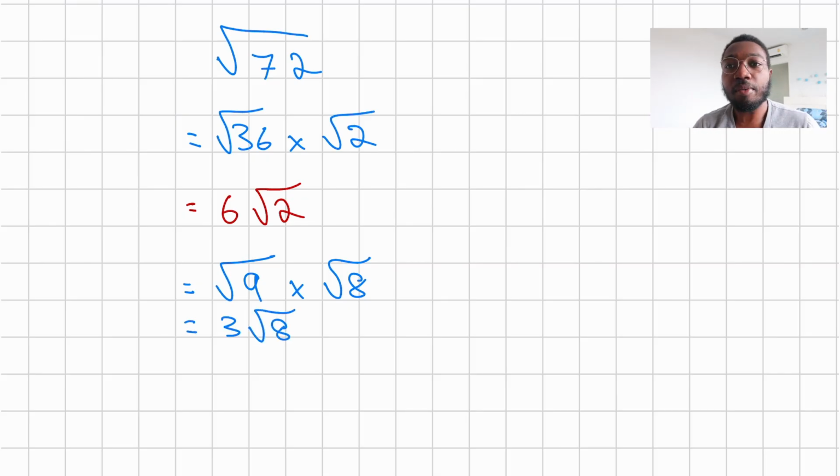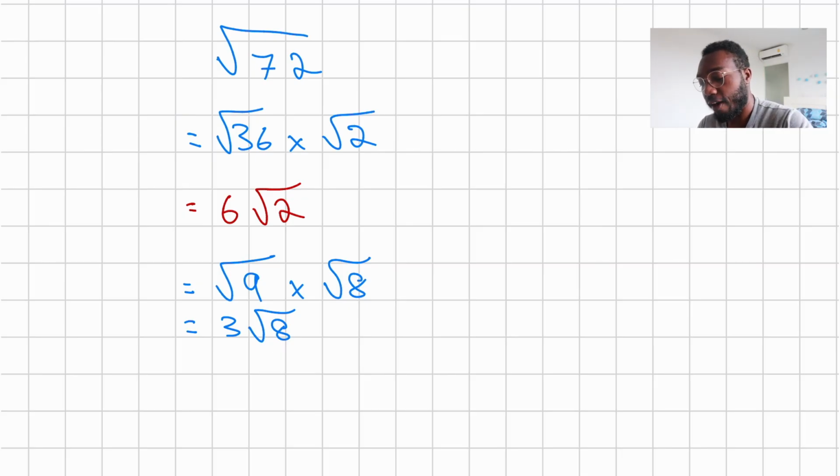Now, this may happen to you when you're solving these. You may get 3 root 8, and you may just leave it like that. However, what you always remember is you want to simplify it down as much as possible. So with that root 8, that can actually simplify down even more, okay? Because 8 also has a square number factor, which is 4.